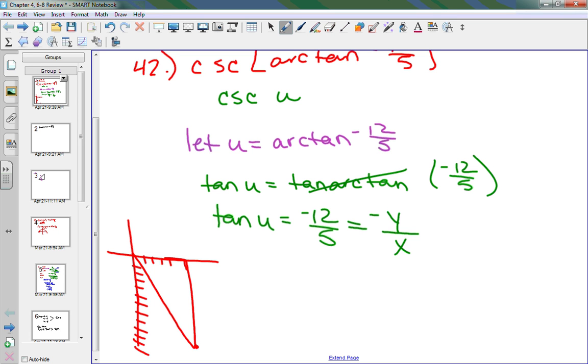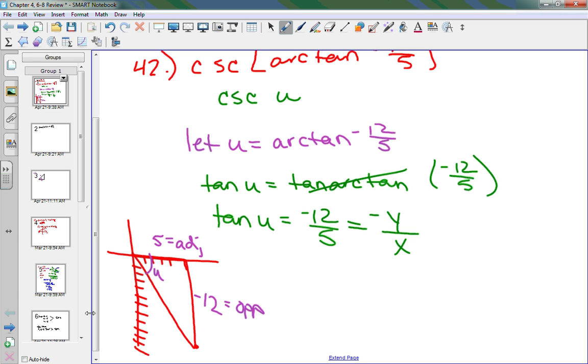And I have this right triangle here. Where this is 5 and this is negative 12 because that's my depth down. Which means here is u, because u would be opposite over adjacent, which is what tangent is. Do you see my triangle? Does that make sense? Because I'm doing the arc tan, it has to be in quadrant 4 because that's where the tangent is negative. Yes?